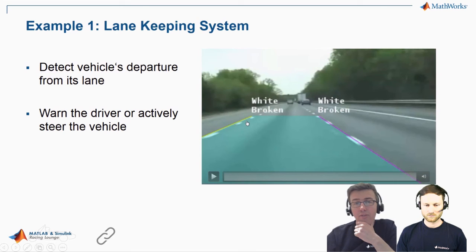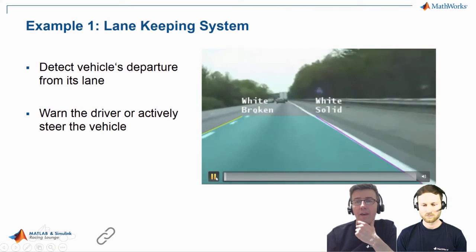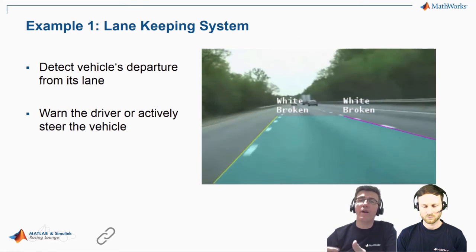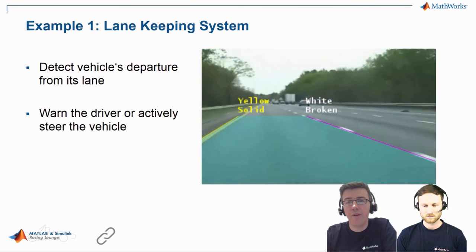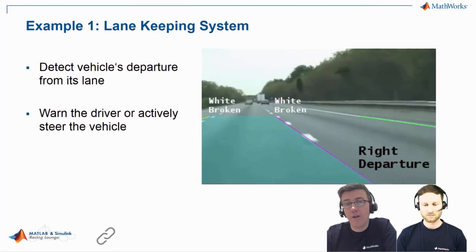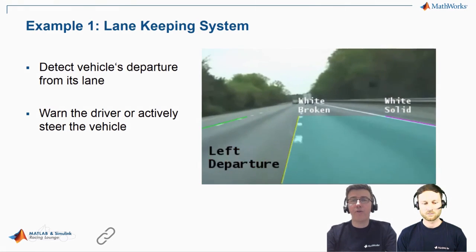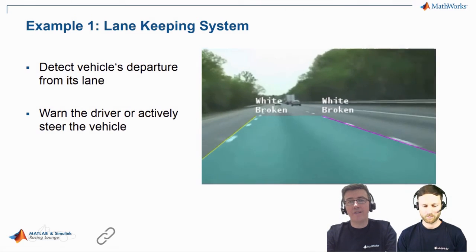Then we identify and calculate our position on the road, and we can generate an alarm signal if we are leaving the lane, or we can organize the system so that our car will steer automatically to keep us on the road.